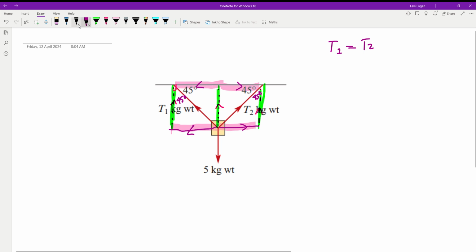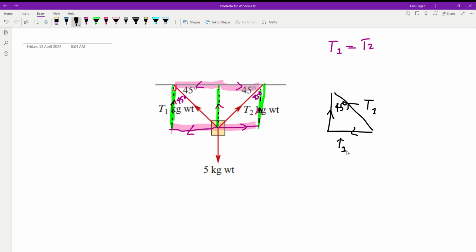And we can see we can get this equation. This is the setup, but we can work them out using these triangles. The first triangle has T1 here, tension 1, and we have 45 degrees here. So this is the opposite side of my triangle, which is T1 sine of 45 degrees, and this is my adjacent, which is T1 cos of 45 degrees.